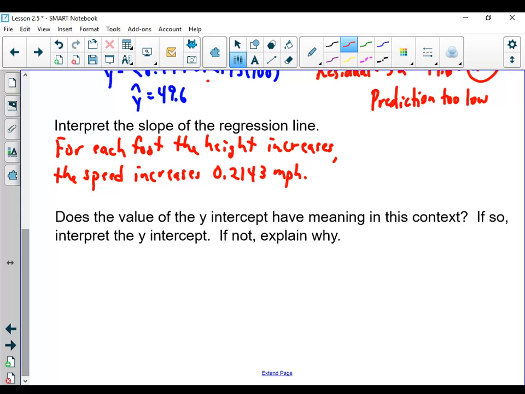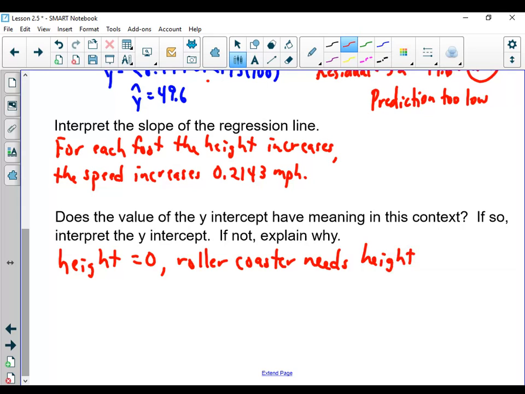No, because the height would equal 0. And if I'm really doing a roller coaster, that probably doesn't make sense. So sometimes we may have y-intercepts that don't really make sense for our situation.